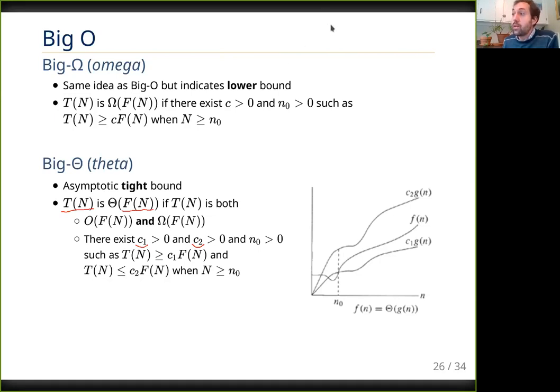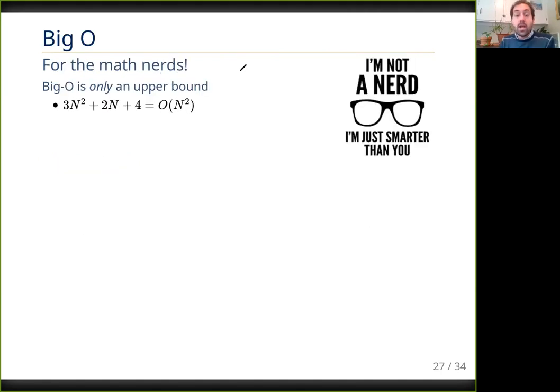So very quickly, a little bit more if you're interested in the math behind that. You have to remember that big O is only an upper bound. So technically, as we just saw a couple of slides ago, that is correct.